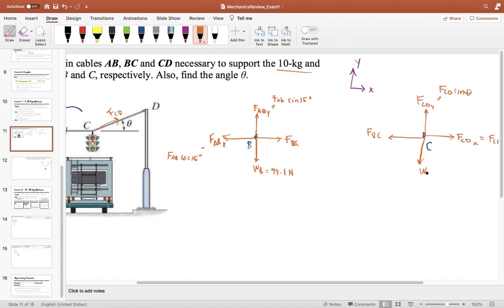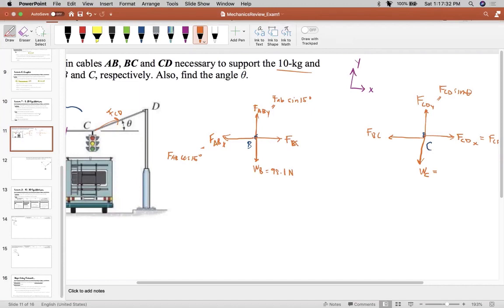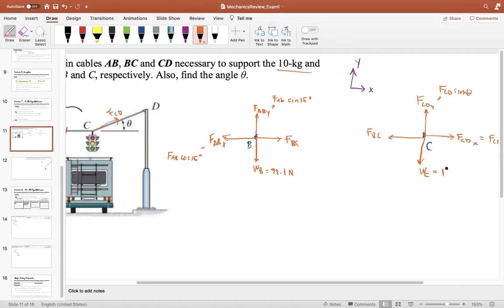And because the weight of the stoplight is given as a mass over here, it's 15. We're going to do 15 times 10, which, let me find my calculator. You mean 15 times 9.81? Yes, 15 times 9.81, because gravity, that's 147.15, again in newtons.